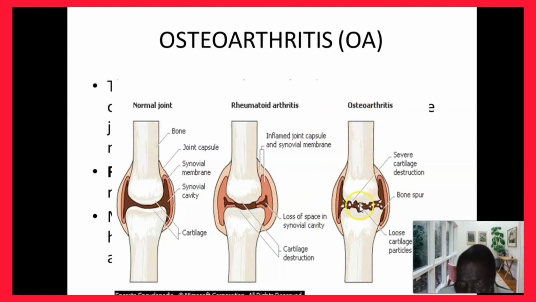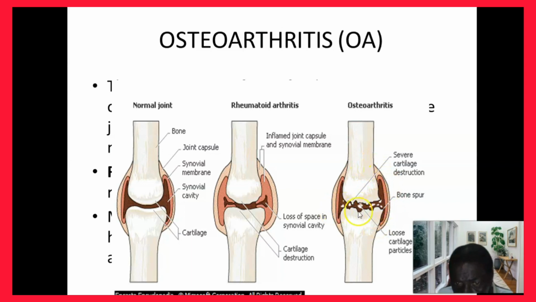But now look at the osteoarthritis. For the osteoarthritis, you find that the cap, that is the cartilage, is gone, and the bones rub against each other, even producing bone spurs. And this is where the pain comes from, the joint pain, and this is where the swelling comes from.